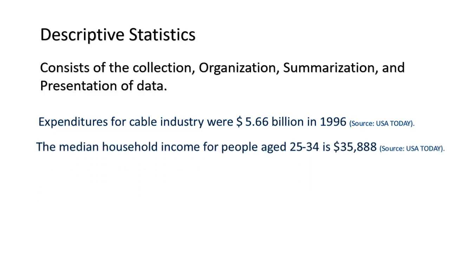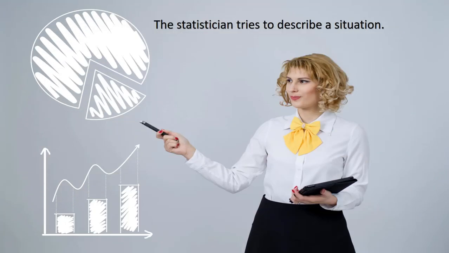The median household income for people aged between 25 and 38 is $35,888.